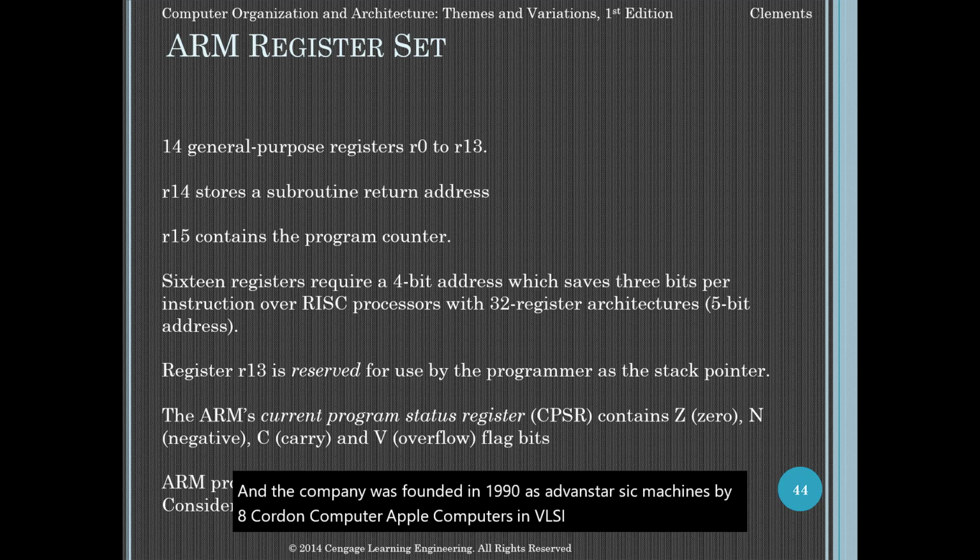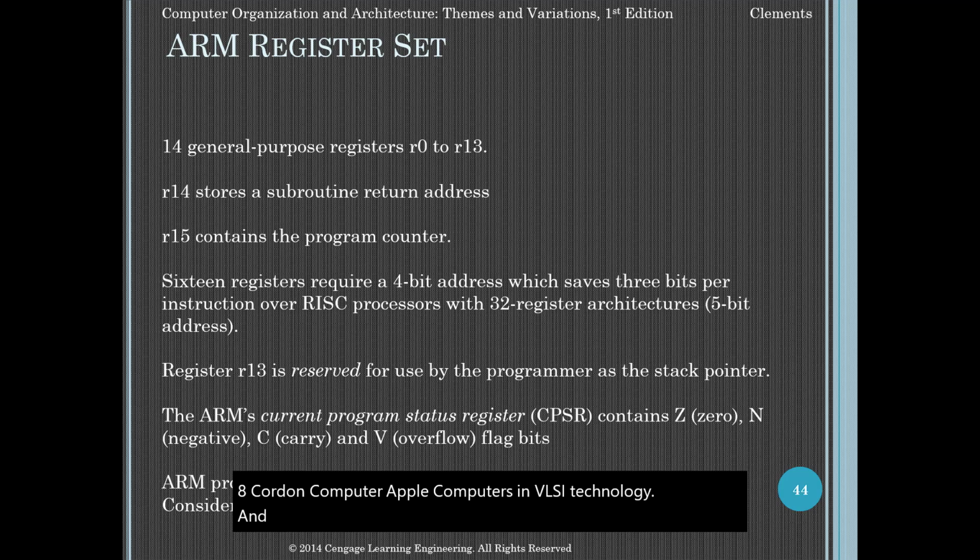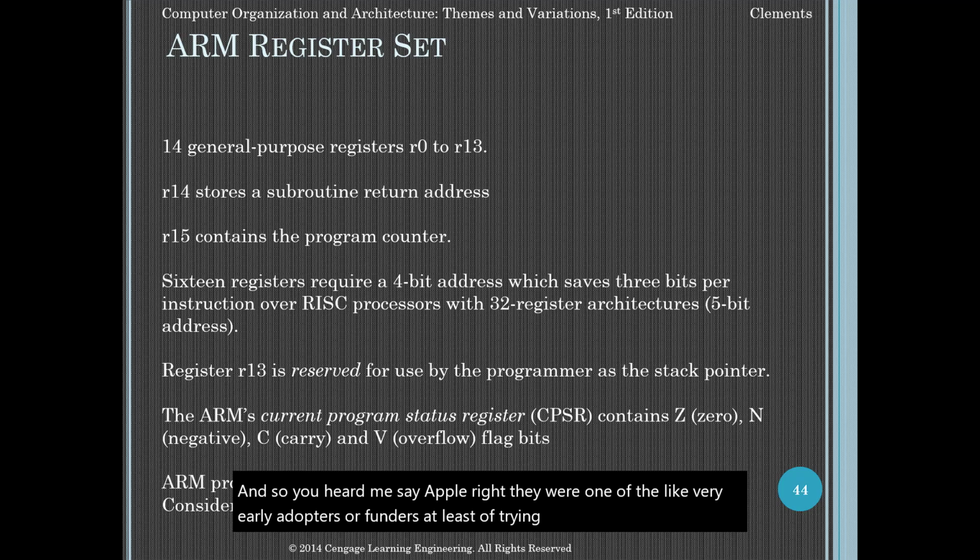So you heard me say Apple. They were one of the very early adopters, or funders at least, of trying to get these new processors developed. The second generation ARM devices were 32 bits.